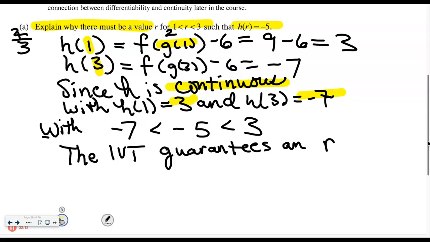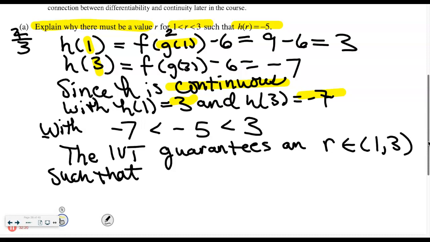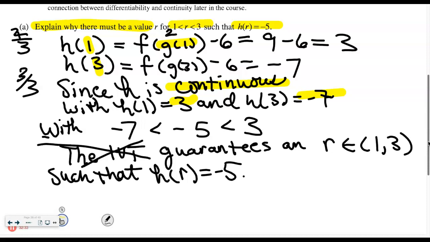I told you can write it like this if you want, or you can use the interval notation, and then such that I have to pass through -5. But you should say what Bella said, h of r equals -5. That will get you 3 for 3, no matter who your reader is. Most of the time, you don't have to specify the theorem, and you don't have to show the arithmetic, but everything else you need. Are we good?